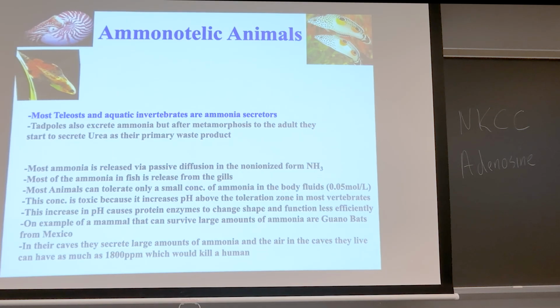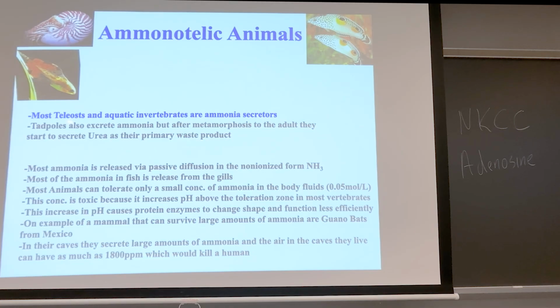Now, if you think about it, this is pretty energy efficient because I don't have to do anything to it, right? I just break it off and throw it out through the gills, typically. And I lose a lot of water with that. But if I live in water, it's not that big of a deal, right?